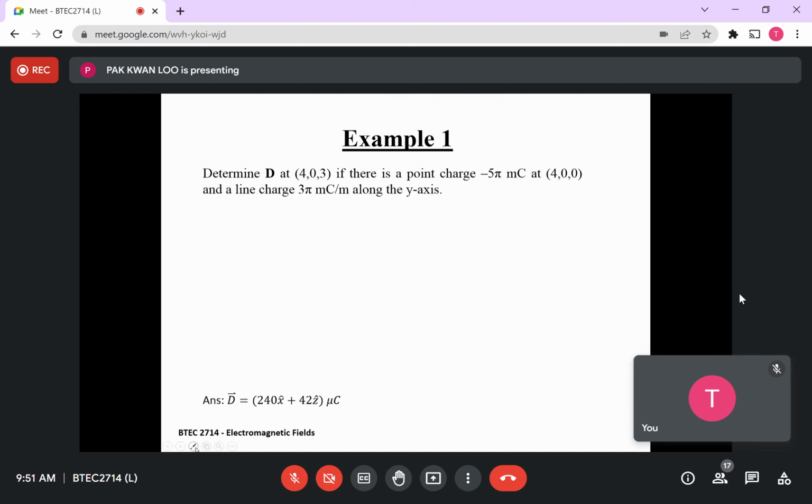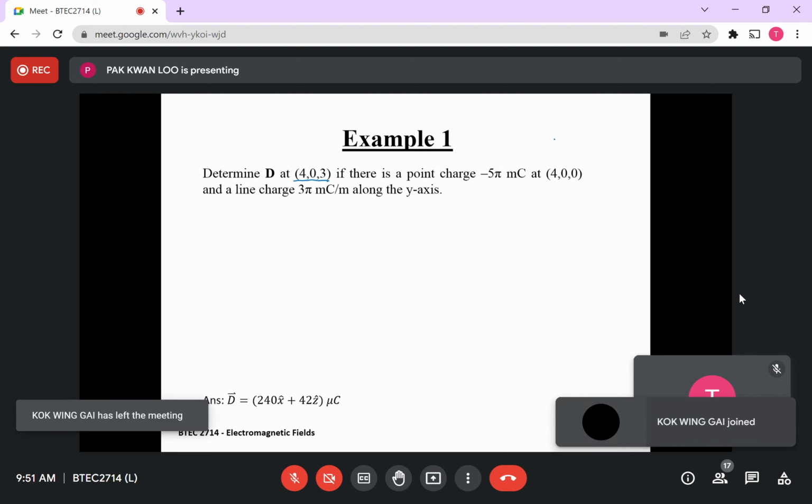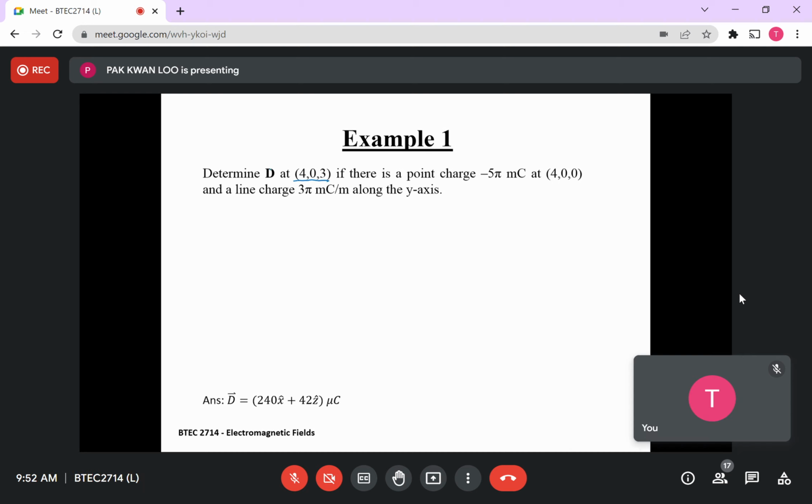Say there is a point charge of -5 pi millicoulomb at this position, and a line charge along the y-axis. So calculate the flux density at this point.